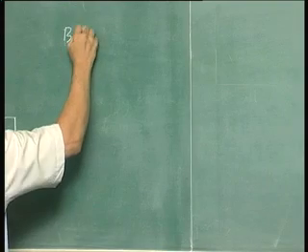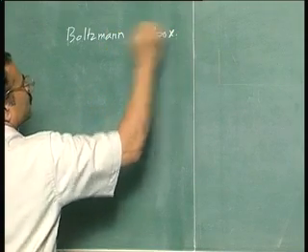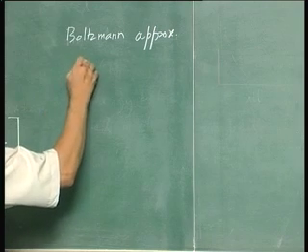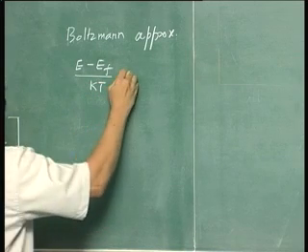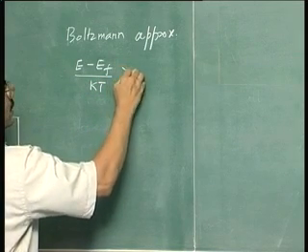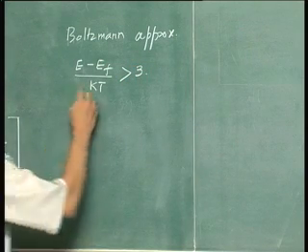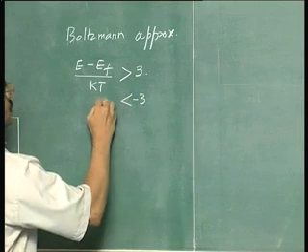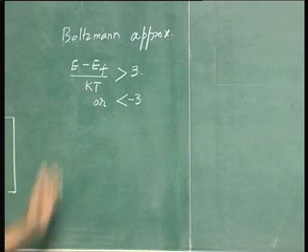So, Boltzmann approximation. This is valid for (E minus EF) by KT greater than 3 or less than minus 3.